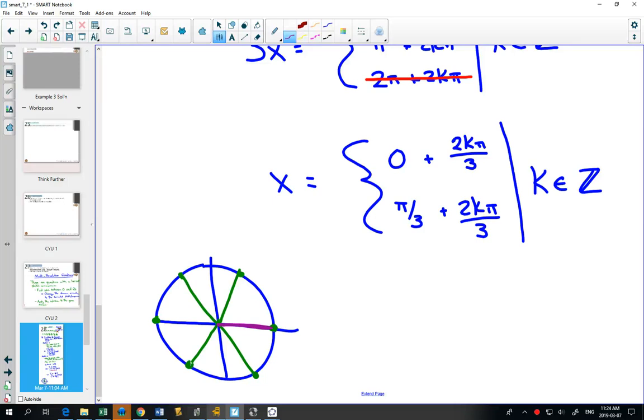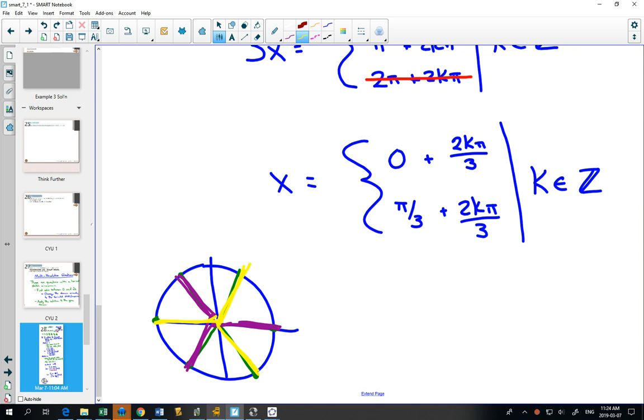If I add 120 degrees once, I'm going to get here. If I add 120 degrees again, I'm going to get here, and then here, and then here, and then here, and then I'm going to get all of those ones. Can you see that I'm missing 3? But if I started at pi over 3 and added 120 degrees over and over again, then I would get all of those ones.